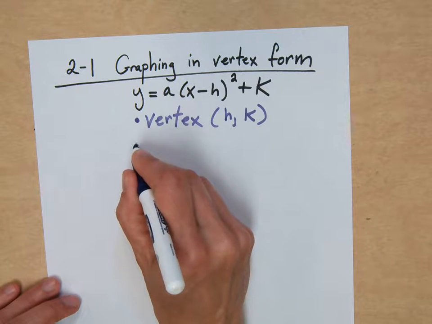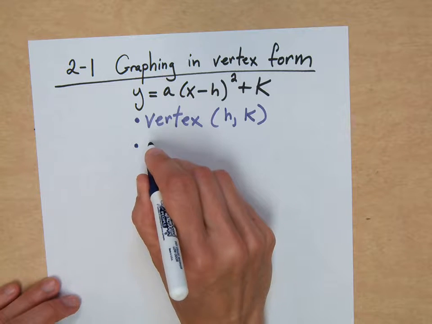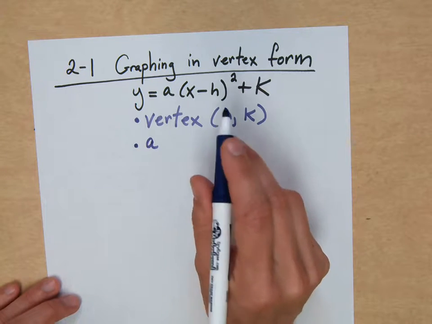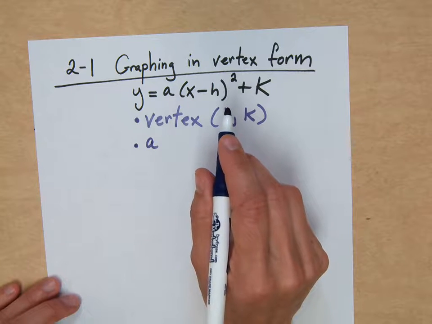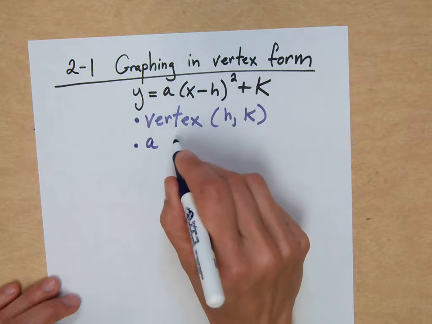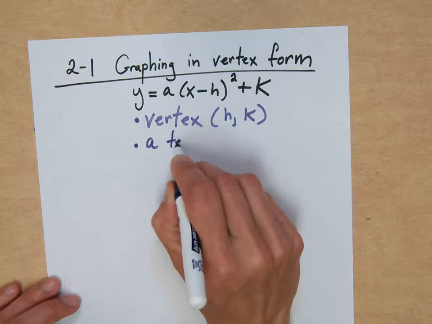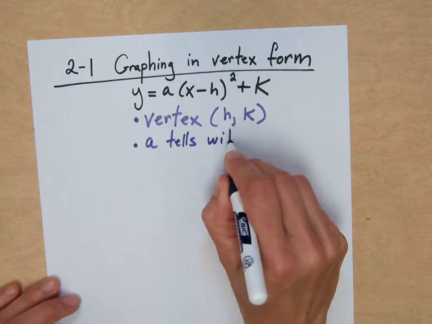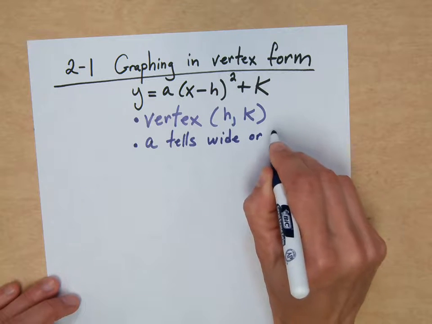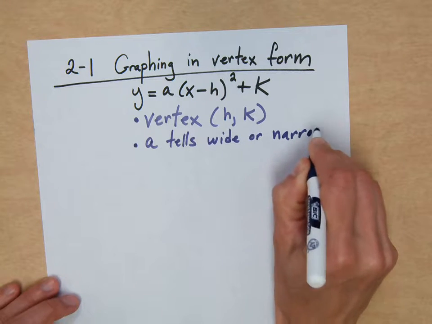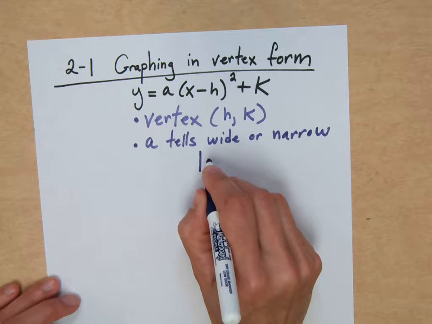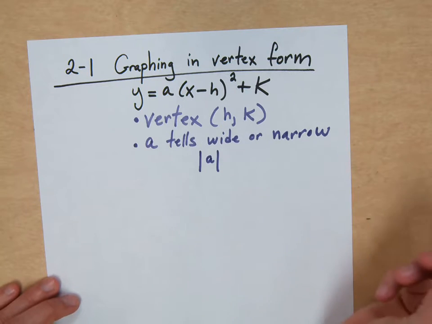Then a, just by looking at a, tells you how wide or narrow it is compared to y equals x squared. So it's wide if the absolute value of a, let's just not even worry about the sign. This is a use for absolute value.